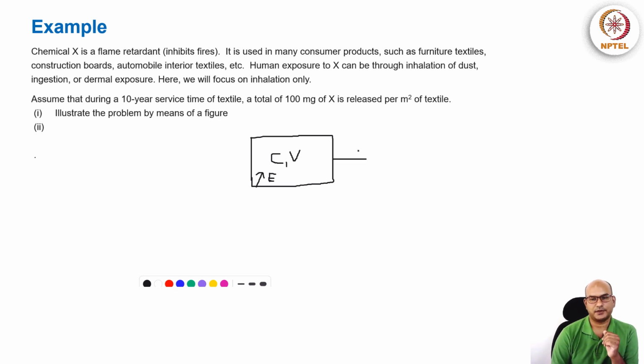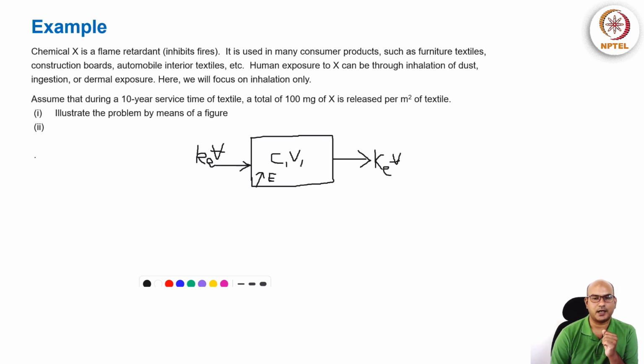So we will have some air coming in and some air going out, and this would be at some Ke exchange, so rate constant for exchange times volume. So this much fraction of clean air comes in and this much fraction of clean air goes out in terms of volume.